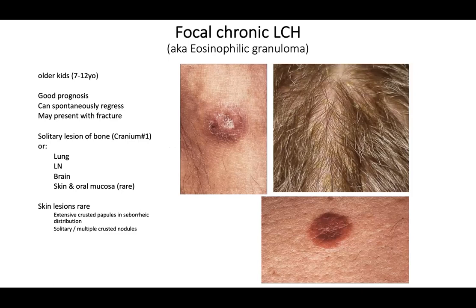The cranium is the number one area that's affected usually, but these can also develop in the lung, the lymph node, the brain, the skin and oral mucosa, which is rare. And on that note, it is rare to have skin lesions. If the skin is affected, you may find solitary or even multiple crusted nodules, but typically it's one nodule.